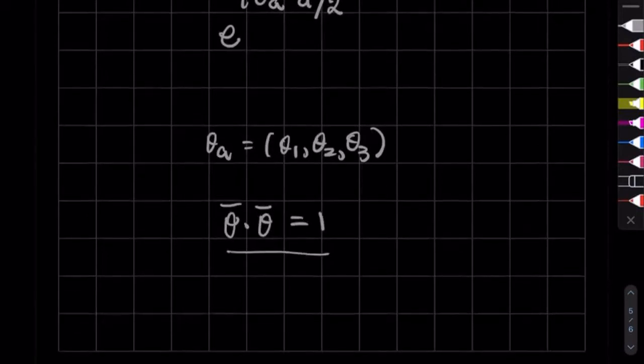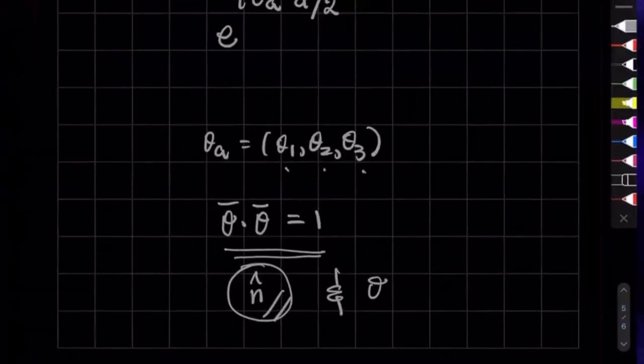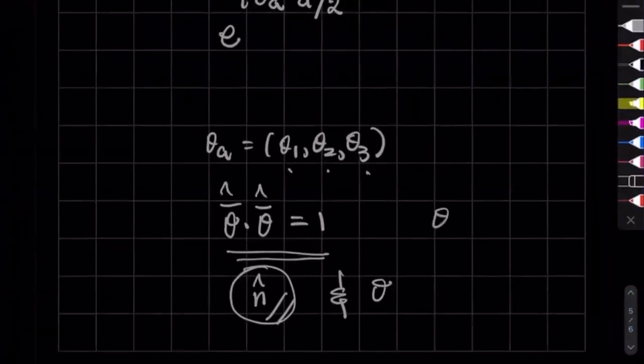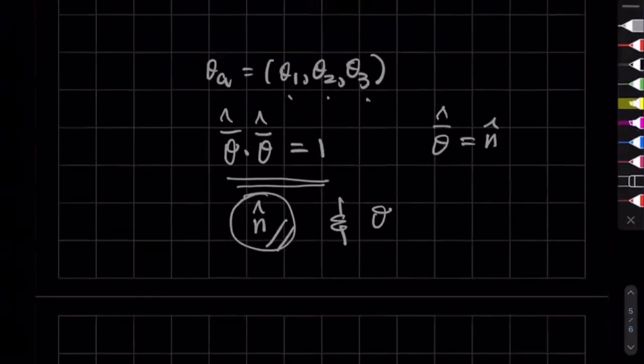The unit norm means that of these 3 parameters, only one is independent, and a direction. Sorry, so a direction and an angle, theta. To provide a direction, you need this direction vector. Let's call it n tilde.